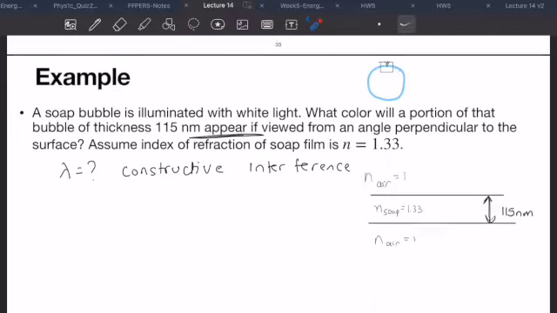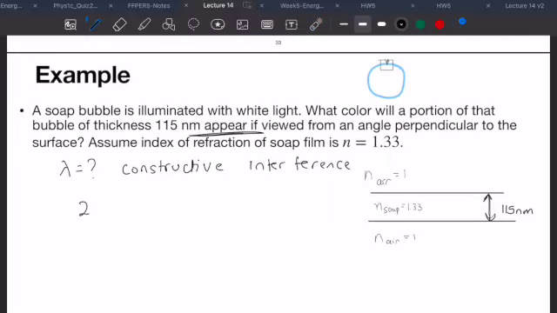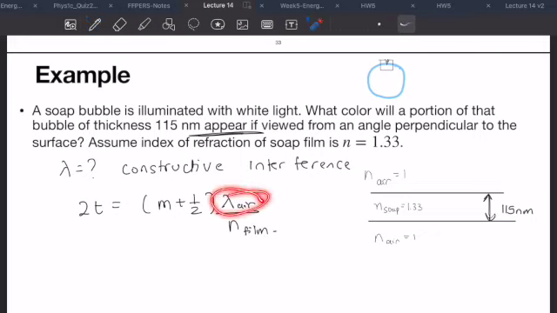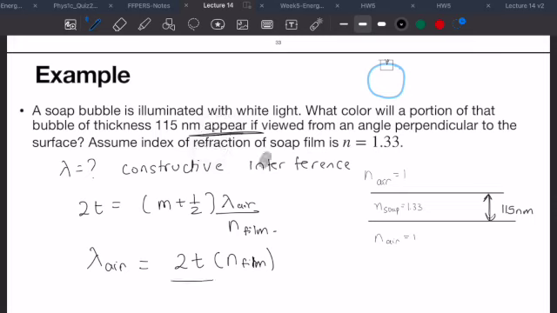So that's 2t is equal to m plus a half times lambda air over n film. And it's the wavelength we're going to eventually solve for. So let's rearrange everything. Lambda in air is equal to 2t times n film all over m plus a half.